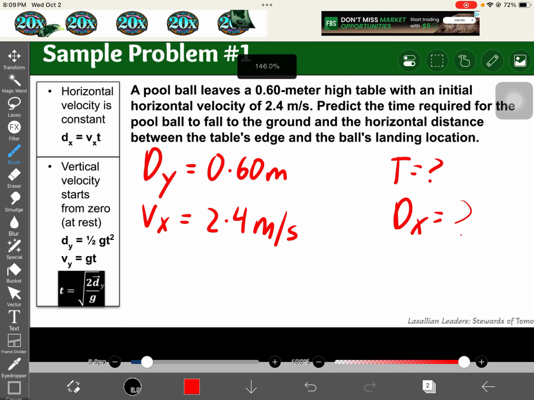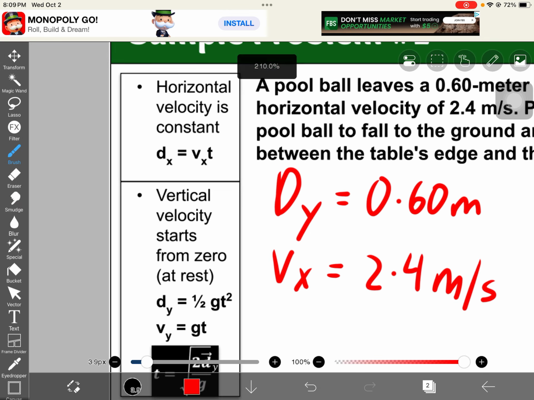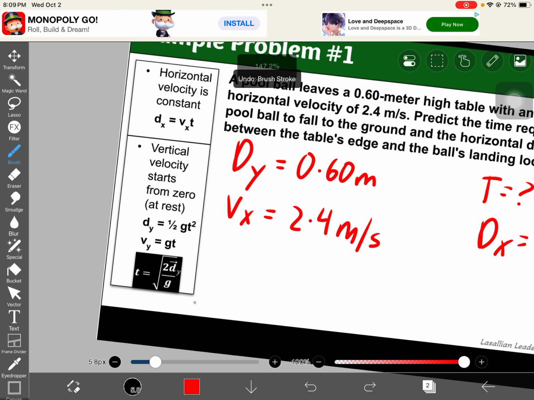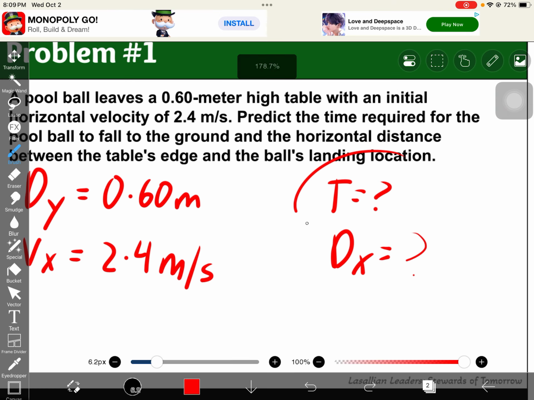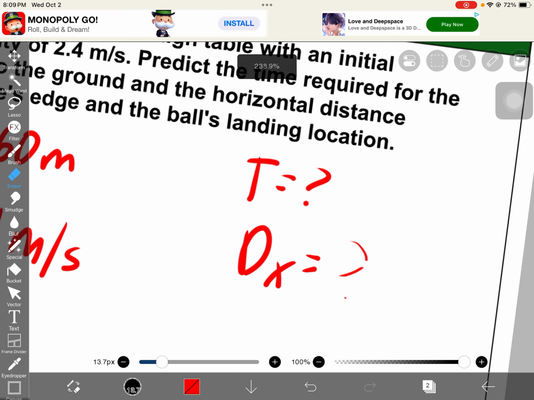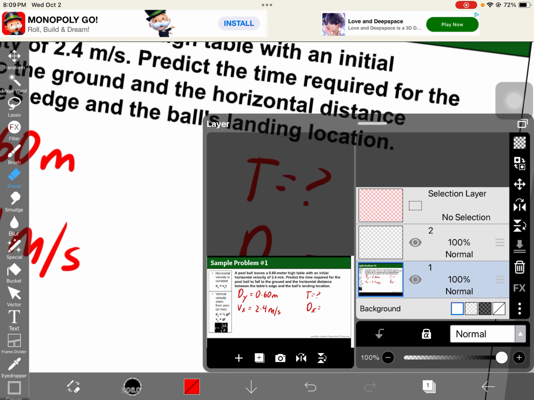So now we should use these formulas. First of all, we need to look for time. So I will use this one.